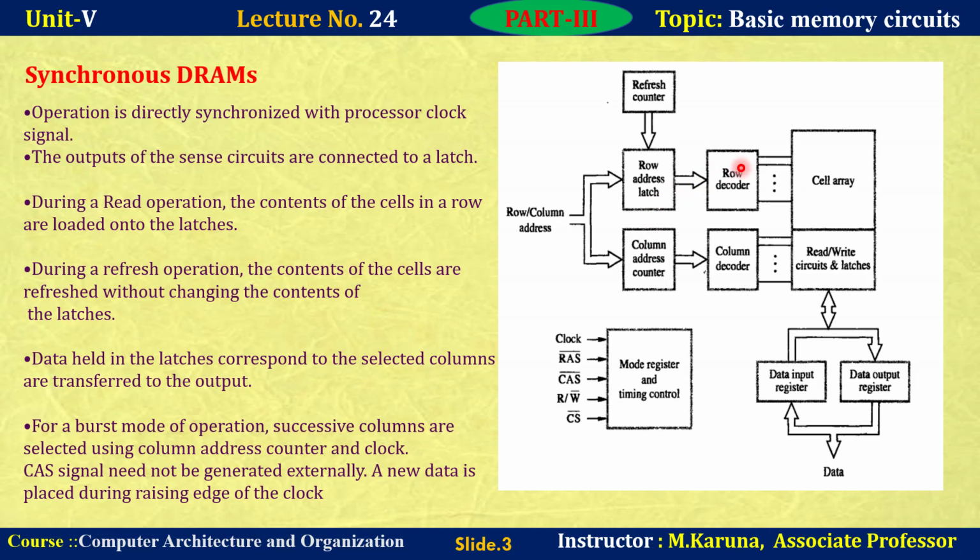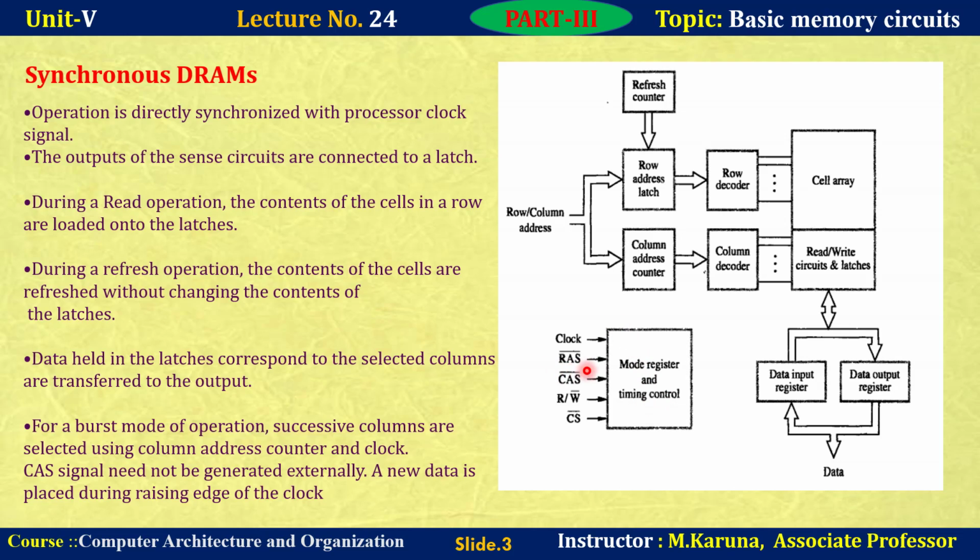Now the row decoder selects one of the memory locations out of all memory locations according to the address bits present in the row address latch. These two, the row address latch and column address latch, are controlled with the help of the mode register and timing control.